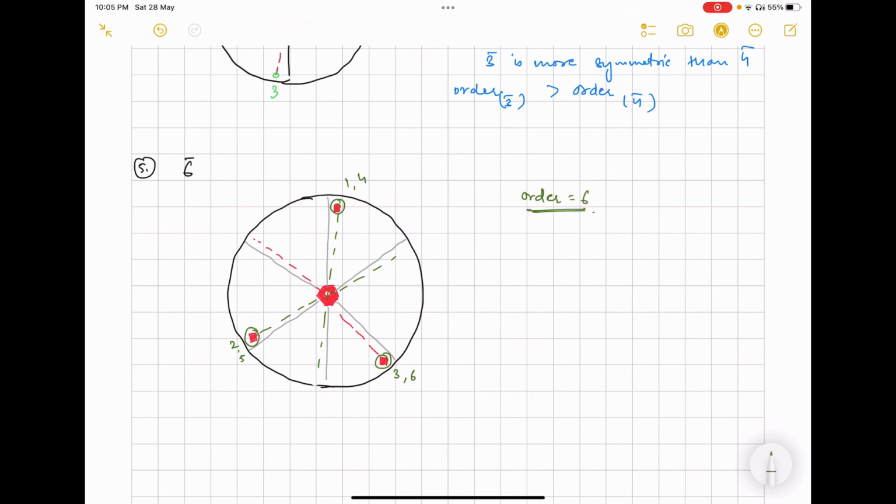Okay, so we can see this 6 bar is equivalent to 3 by m, that is a 3-fold rotation followed by reflection about a horizontal mirror.